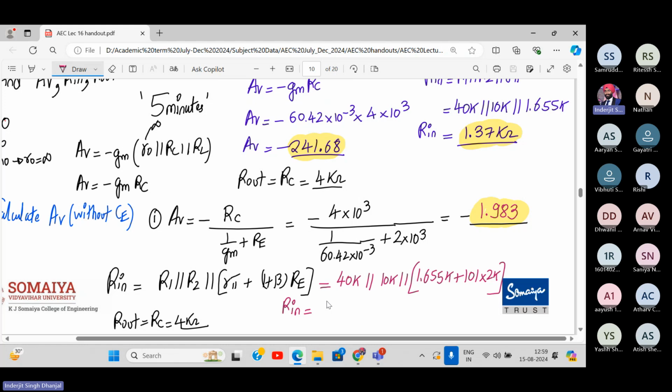This is 1.655K plus 200K almost. So it will be less than 10K. So how many kilo ohms? So is it 1.629? I don't know. I don't have the value right now. For Rn at least, can someone cross check this?